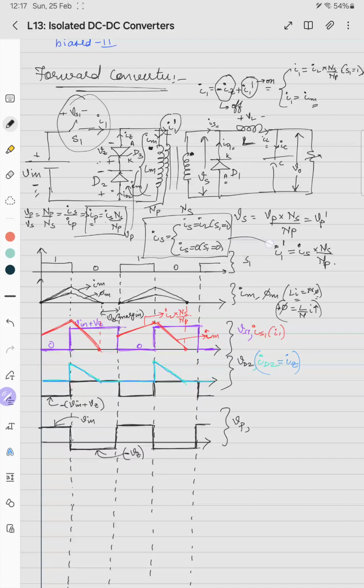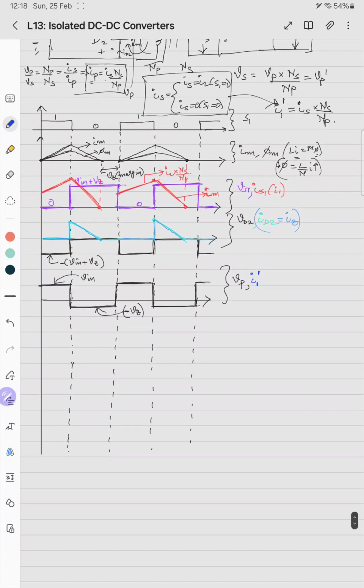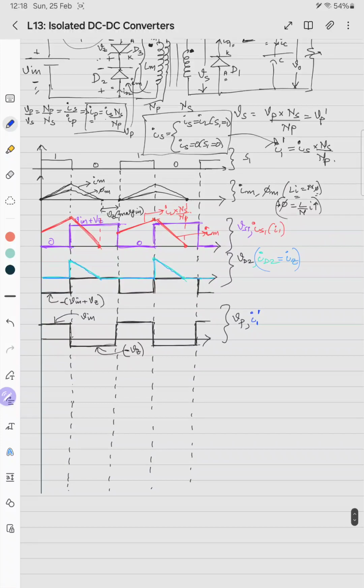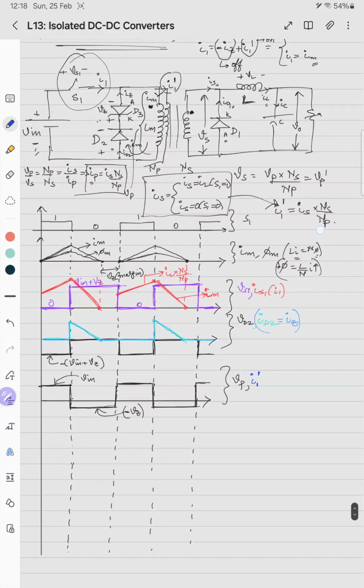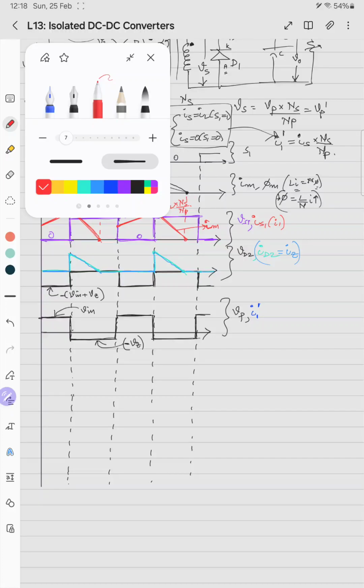So the same thing we can substitute here for I1 dash and IL. I'll plot I1 dash also here. So this was IL, right? IL into NS by NP. I'll use the same red color which I used here.